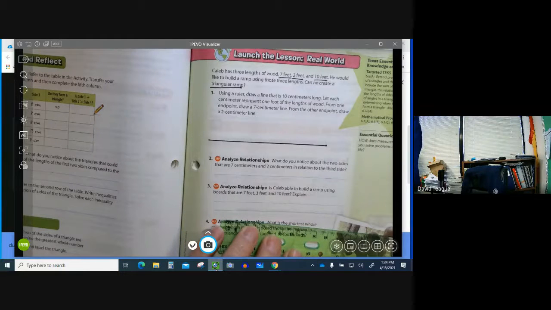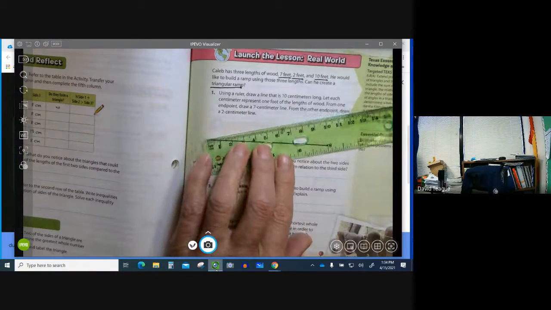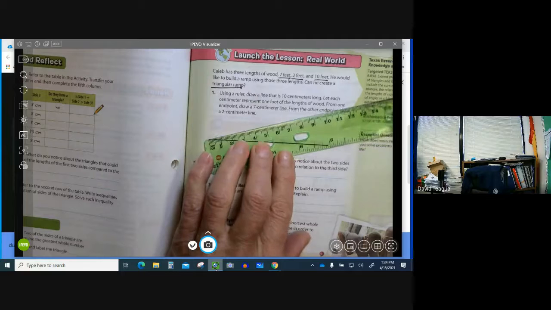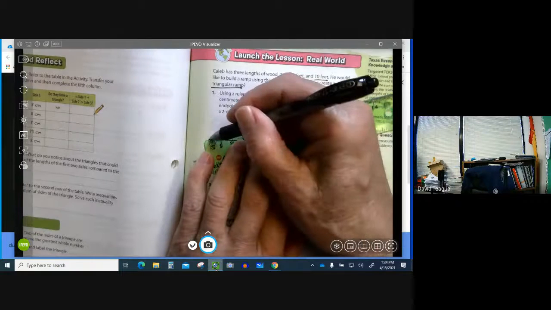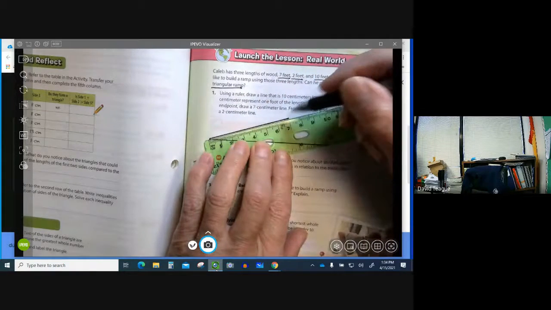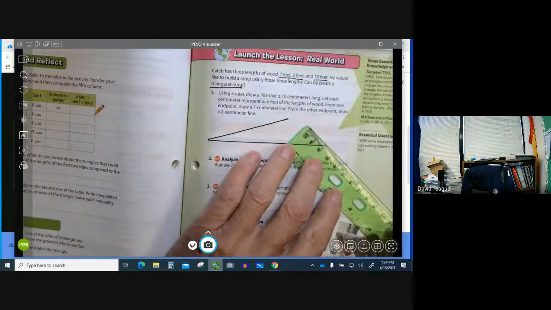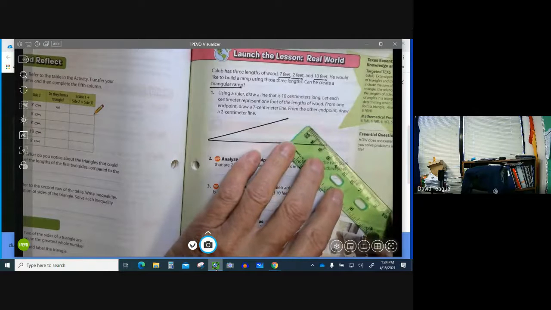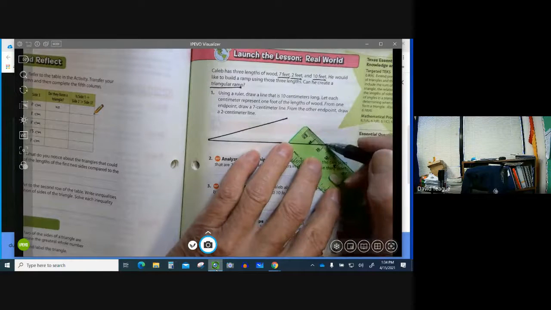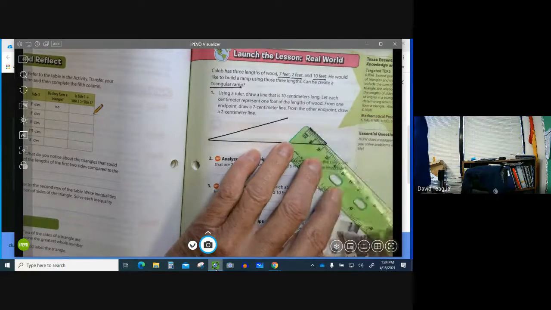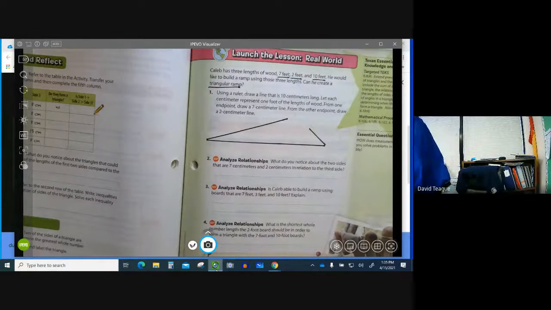Then from one endpoint, draw a 7 centimeter line. And from the other endpoint, draw a 2 centimeter line. Okay, that's what I get.